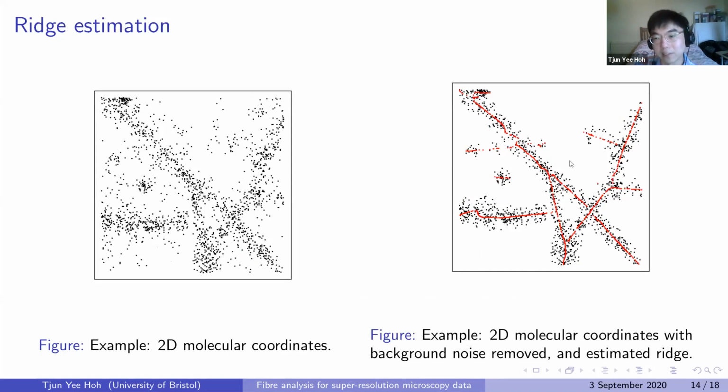So these red lines, red dots correspond to the ridges. And as you can see from these ridge estimates, we are able to determine the curvature of the ridges, in a sense. We can determine where the intersection points are, what the branching angles are, and so on.